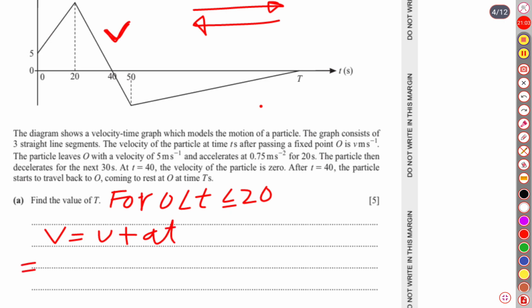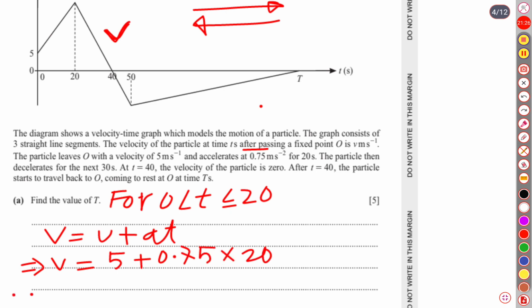The initial velocity was 5, so 5 plus the acceleration, which is 0.75, multiplied by the time of 20 seconds.